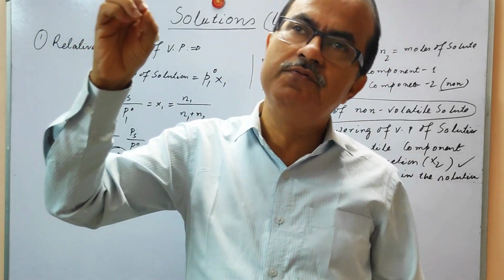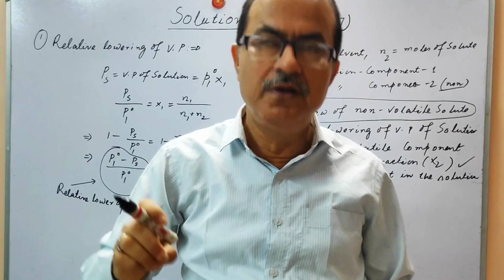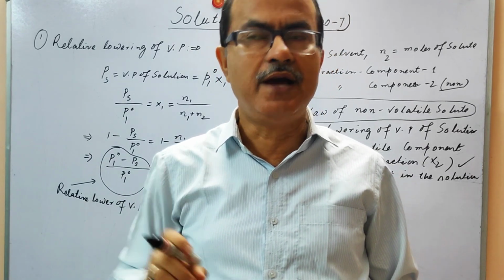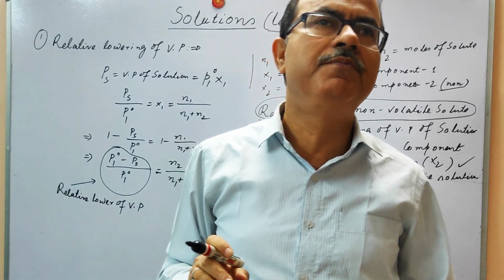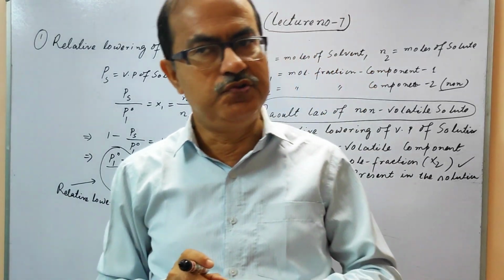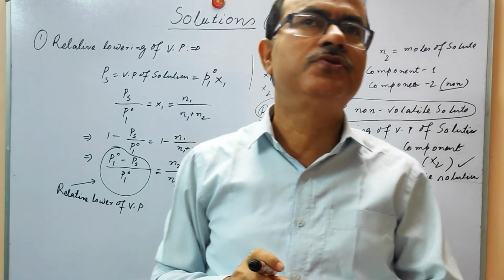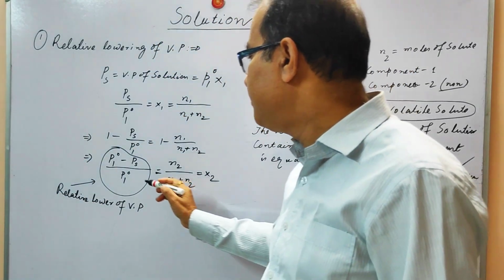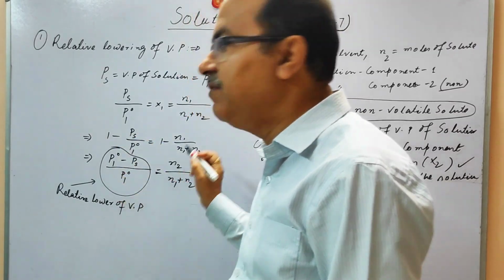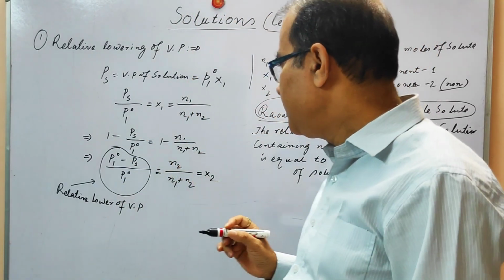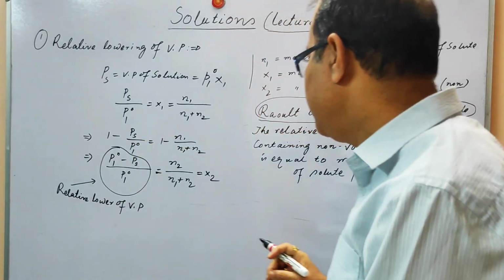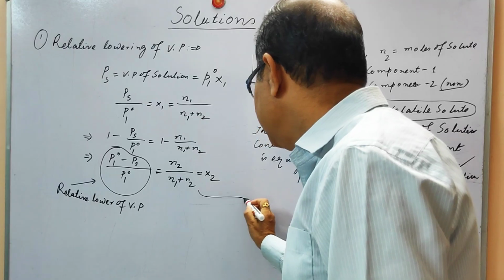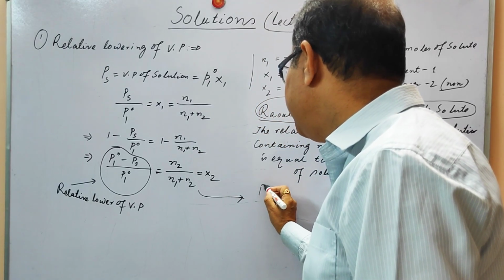Suppose we put a non-volatile substance in water, and at that time we measure the lowering of the vapor pressure of the solution. The vapor pressure of the solution will naturally be lower, and how much lower can be calculated from this. This is called the relative lowering of the vapor pressure, and from this we can calculate the molar mass. Let us understand how.